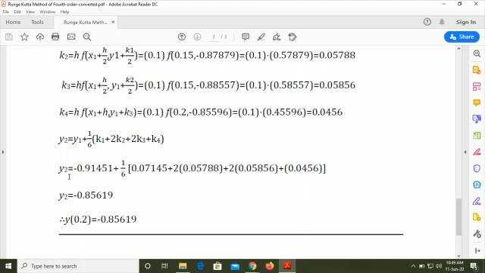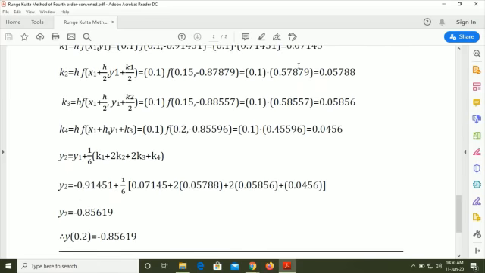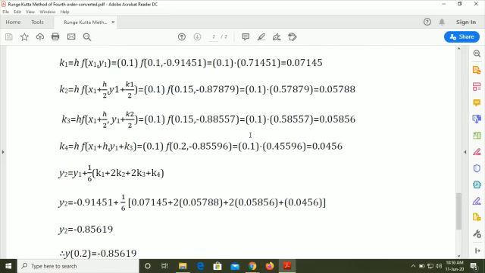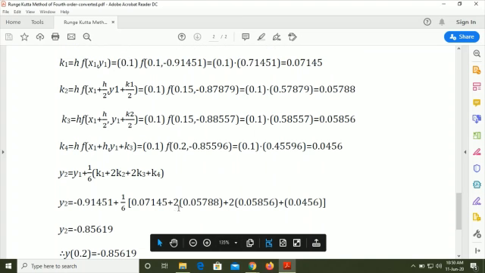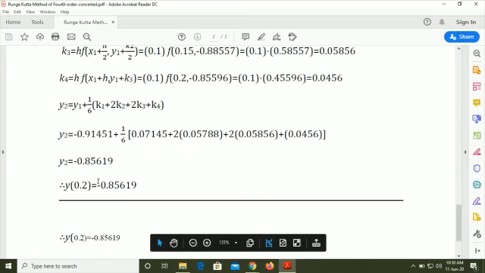So y2 equal to y1 plus 1 by 6 into k1 plus 2k2 plus 2k3 plus k4. That is y2 equal to y1. We substitute y1 minus 0.91451 plus 1 by 6 into k1, k1 is 0.07145 plus 2 times k2, k2 is 0.05788 plus 2 times k3, that is 0.05856 plus k4, 0.0456.